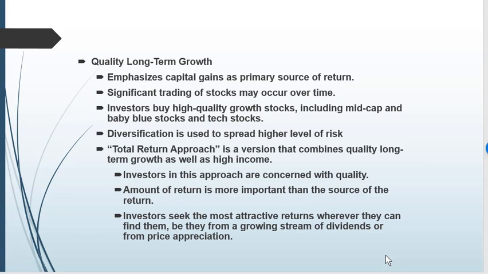You might just be looking for quality long-term growth, right? You might do some significant trading because you want to recognize this growth. So we'll be looking in high quality growth stocks. So this might be mid-cap, what they refer to as baby blues, or technology stocks.